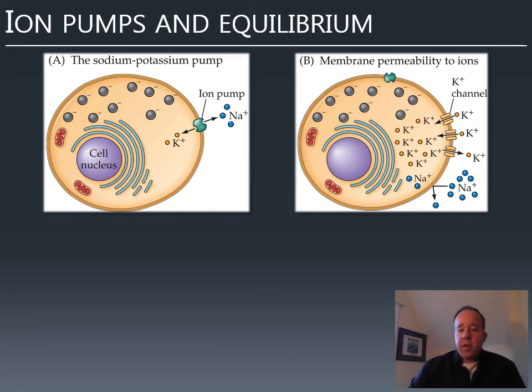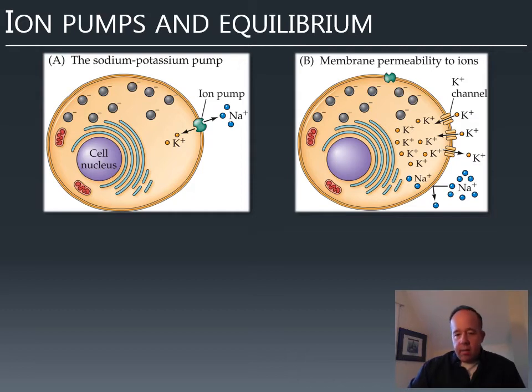Now, we've talked about ion channels, and they can open or close. There are potassium channels that are usually closed. We don't see those here. However, there are potassium channels that are always open. And so those are those little gates that you see in this diagram from your book. What does that mean? Well, it means potassium can go in and out of the cell however it wants.